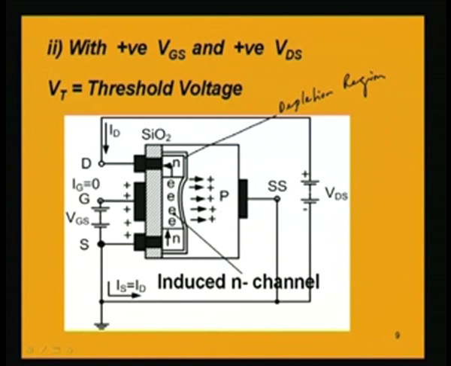So, here we have seen that there is an existence of an N channel when you make the gate to source voltage positive, which was not the case when we were having the gate to source open circuit. That means, we did not have a channel or induced N channel present earlier, but now we have an induced N channel by making this gate to source voltage positive, and that is why this device is called enhancement type MOSFET.